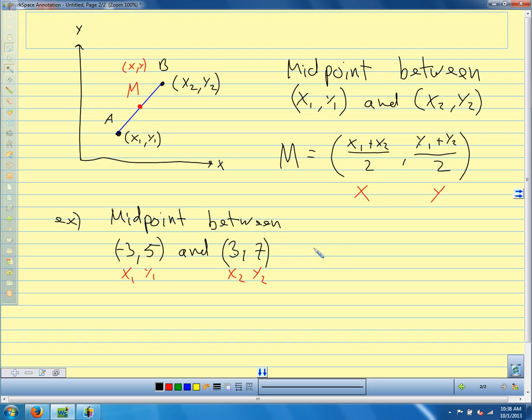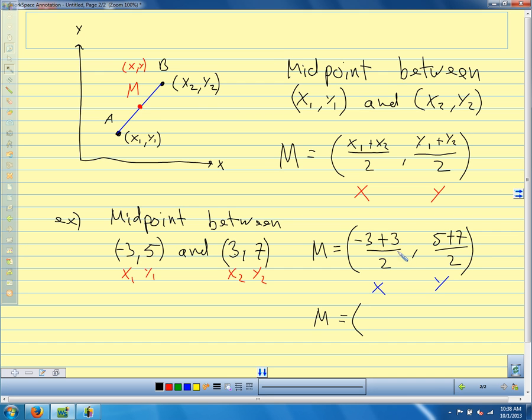My midpoint: x1 plus x2, negative 3 plus 3, divided by 2, is my x, and y1 plus y2, 5 plus 7, divided by 2, is my y. So now I'm going to work with these.